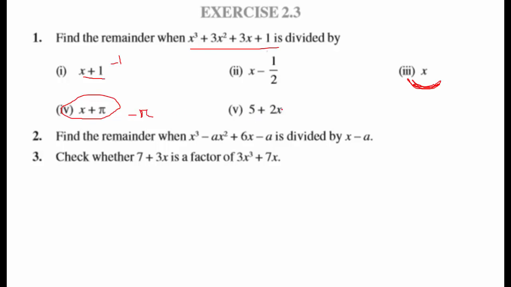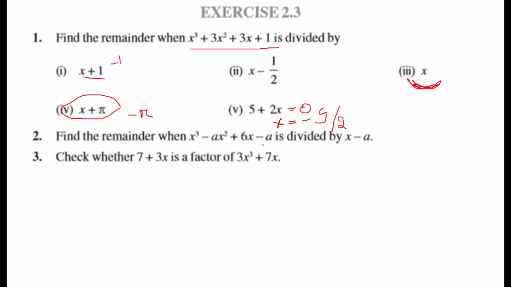And for this, put it equal to 0 and find the value of a. This will become x equals minus 5/2. Here this is a. Now replace the x with these terms and find the value of the polynomial, which is the remainder.